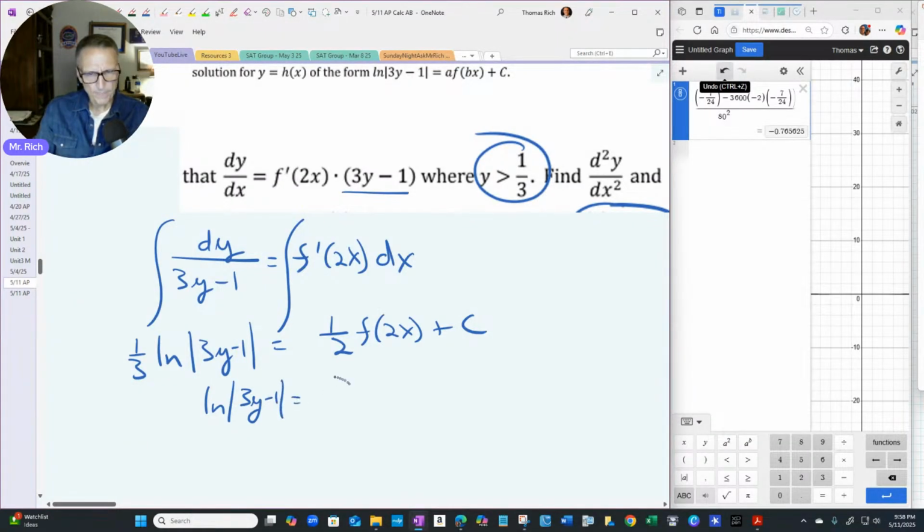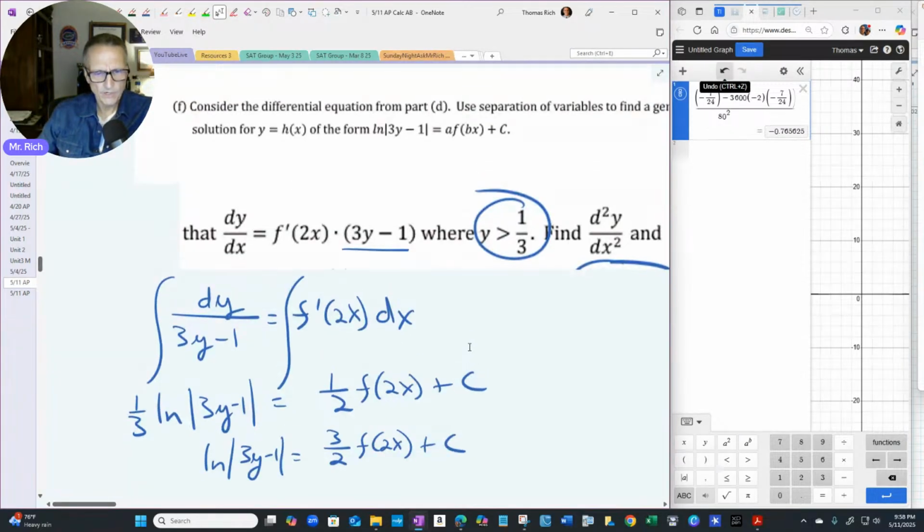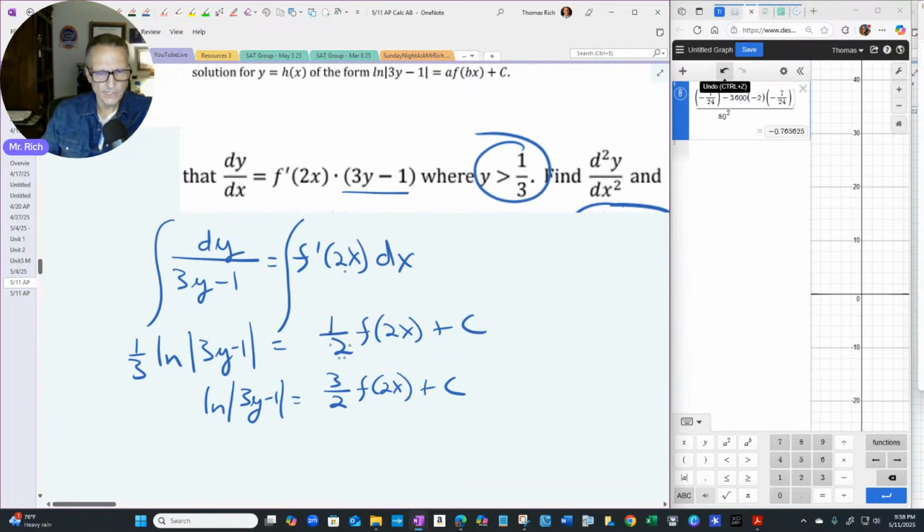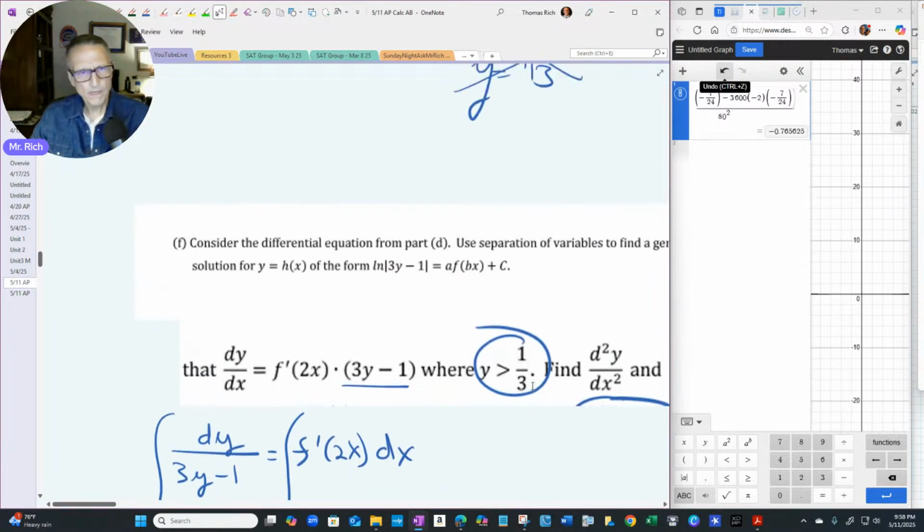That's going to make this 3/2 f of 2x. And don't forget, when you multiply c by 3, it's just another c, so we're still going to just use that as c. That takes you really to the final answer for that problem. That's as far as they wanted you to go.